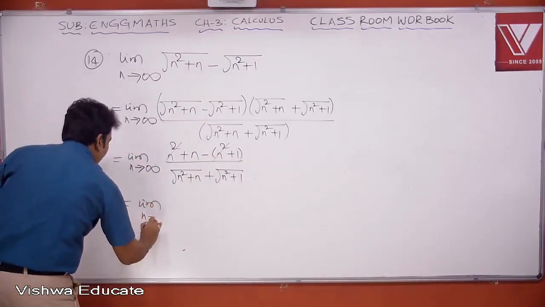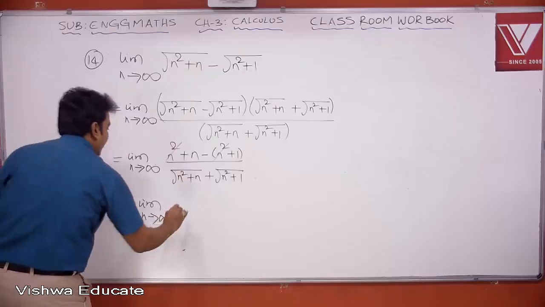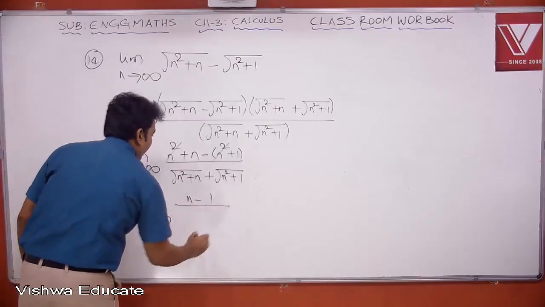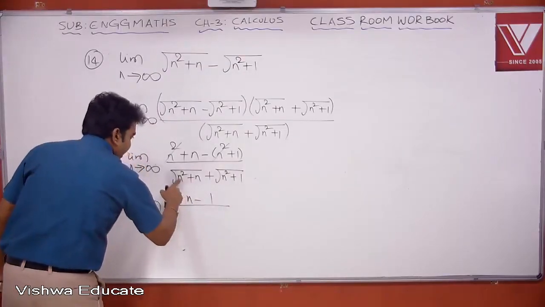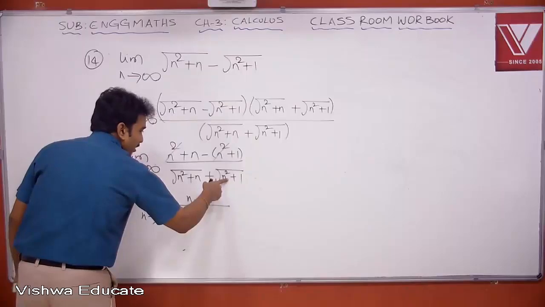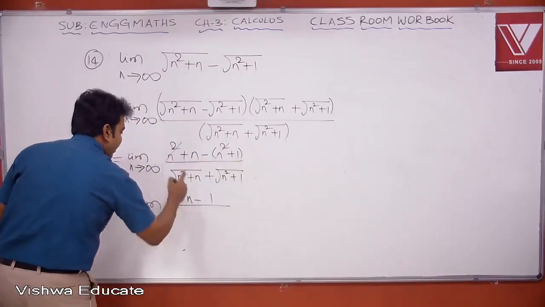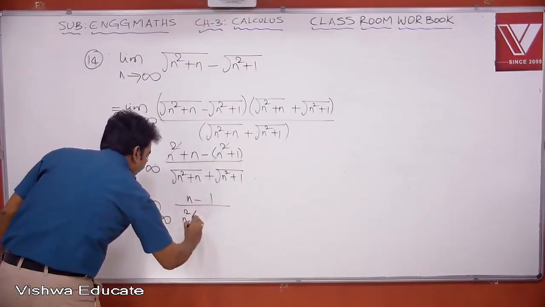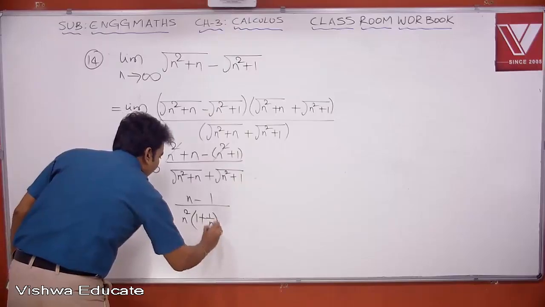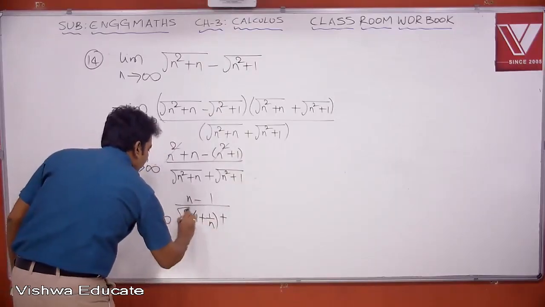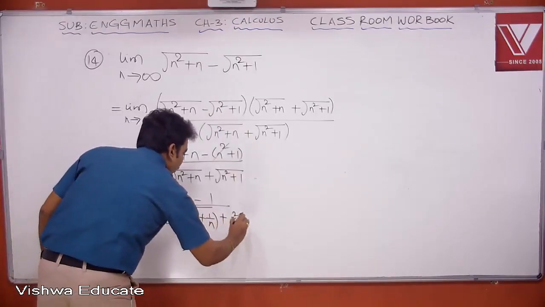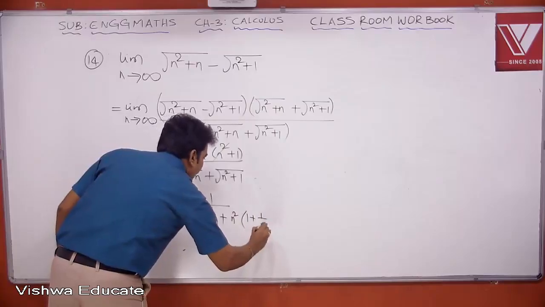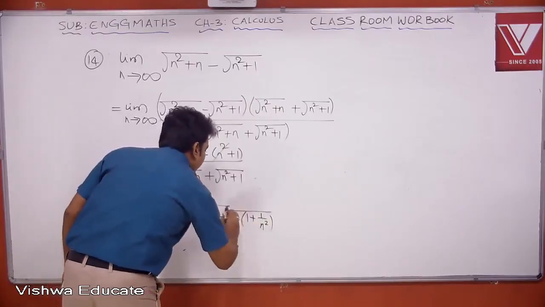So this will be equal to limit n tends to infinity n minus 1 divided by, here I can take n square common, here also n square common, and they come out as n. So I will write it like this: n square into 1 plus 1 by n with the square root, plus n square into 1 plus 1 by n square with the square root.